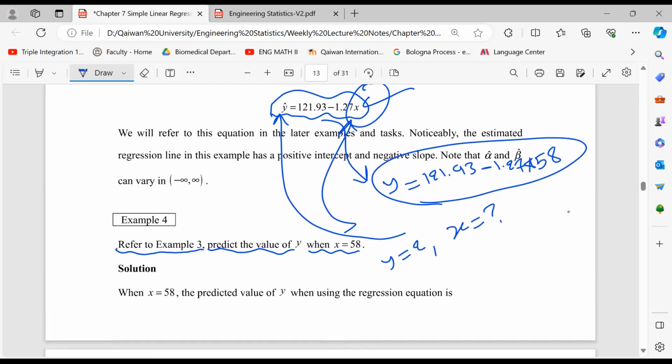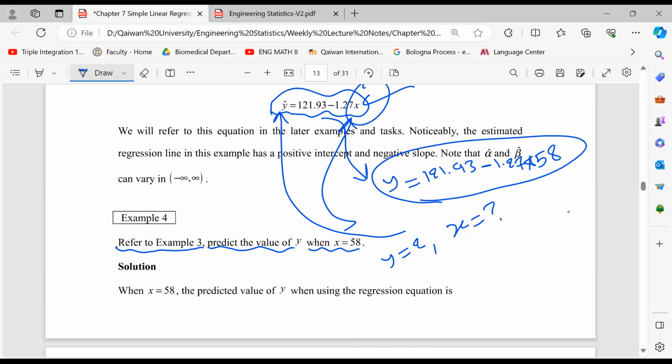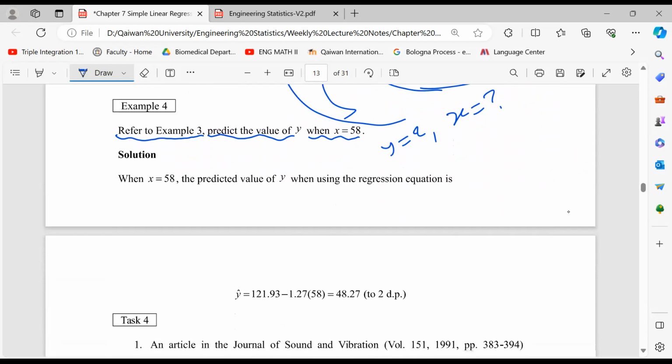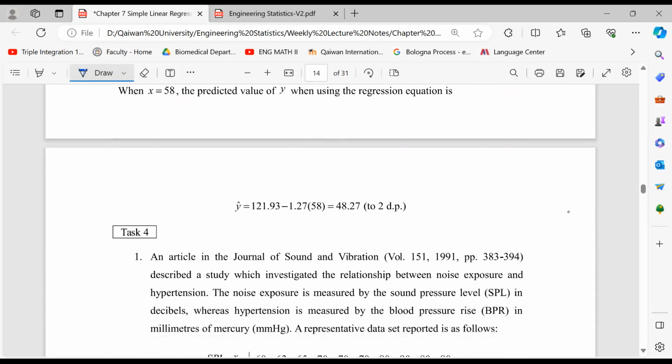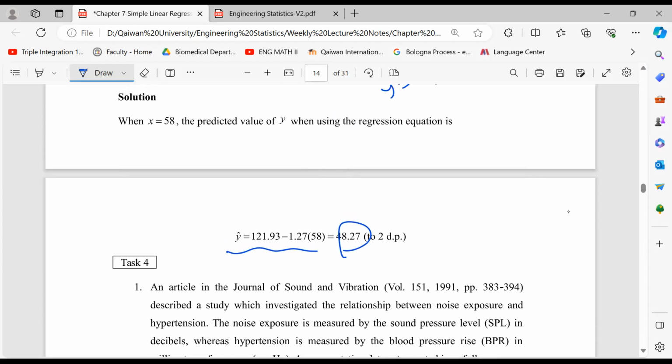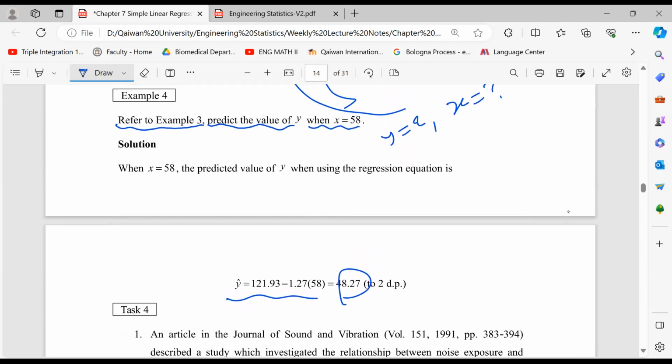This is how to find the value of a variable if the other variable is given. We have only 2 variables in the linear regression equation, which are x and y. If x is given, we could find y. And even if y is given, x could be calculated. This is the value of x if y is given, and this is the value of y if x is 58.